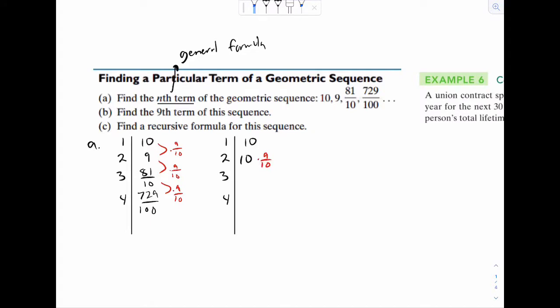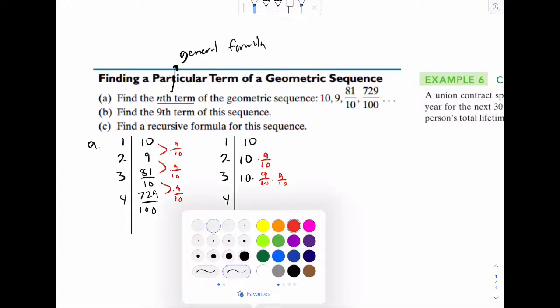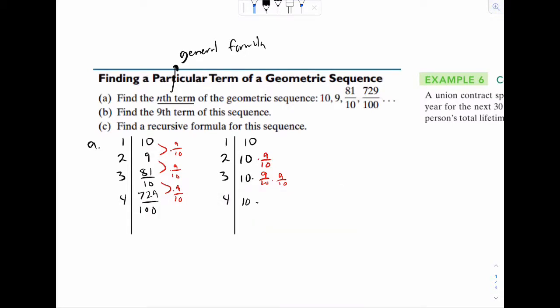So notice the 10's cancel out, and that would be 9. I'm just not reducing it. Now to get to the next number, we take this thing and multiply it by another 9 over 10. And now I think we're seeing a pattern. To get the next one, we multiply by another 9 over 10.